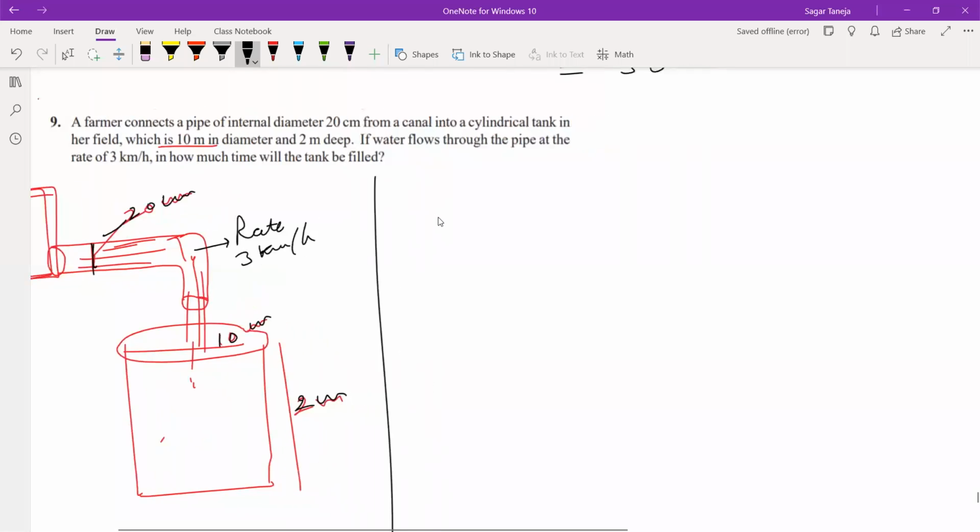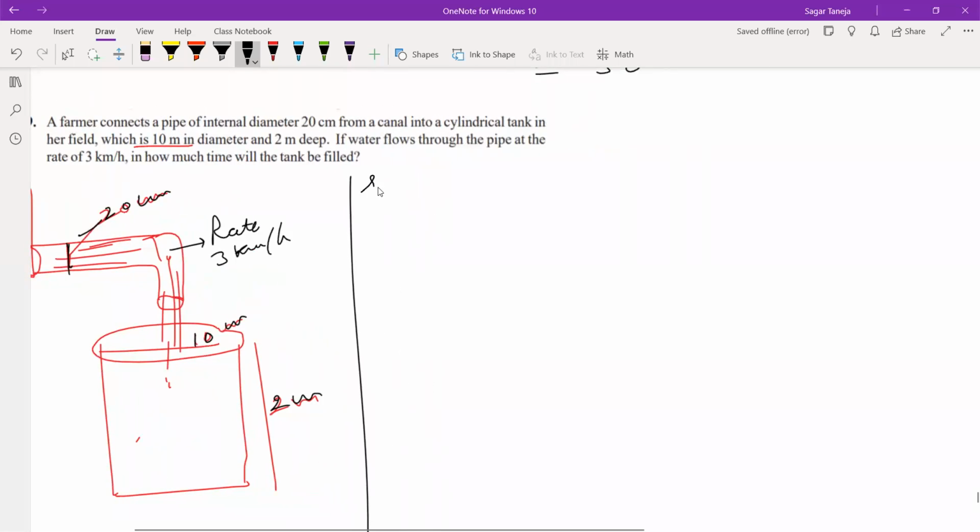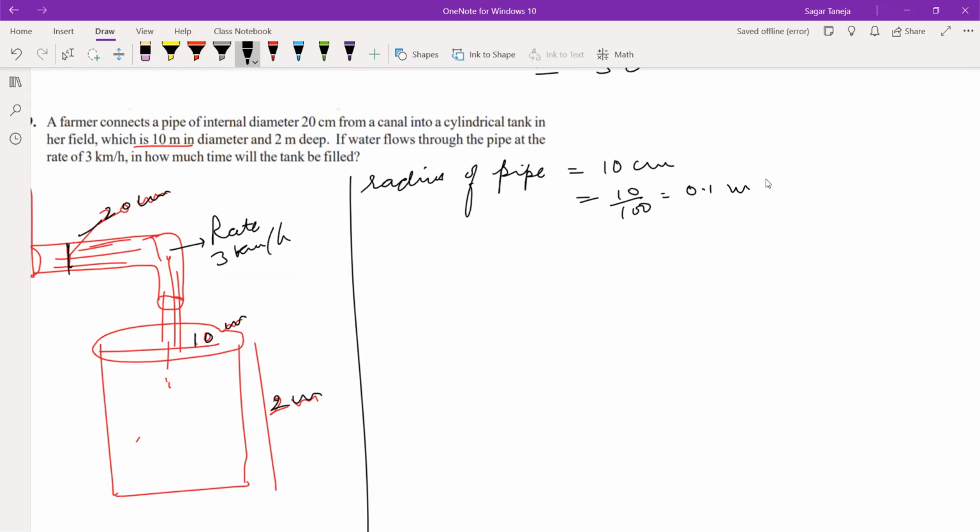The same concept is used here also, right? Radius of pipe, that is diameter by 2, 10 centimeter, or we can write in meters because the question is given in meters, rest of the things. Radius of pipe is 0.1 meter and the rate of flow will be called the length of the pipe.